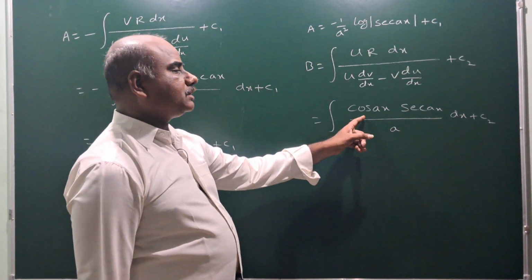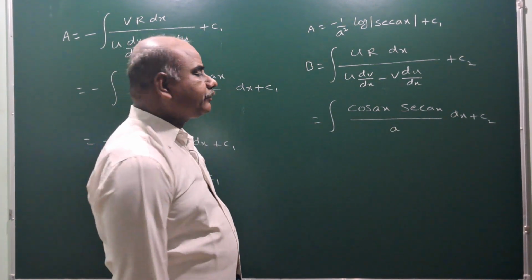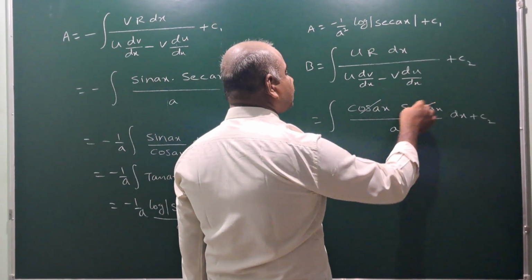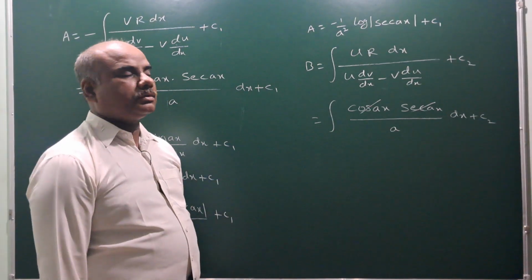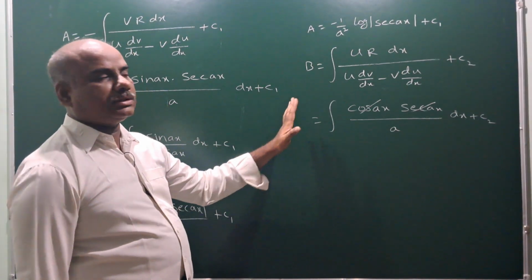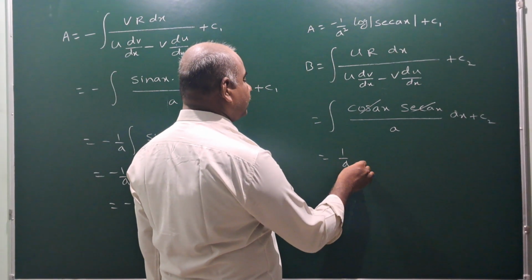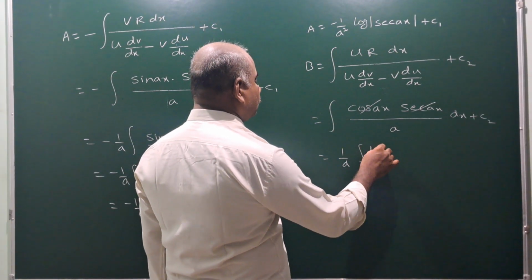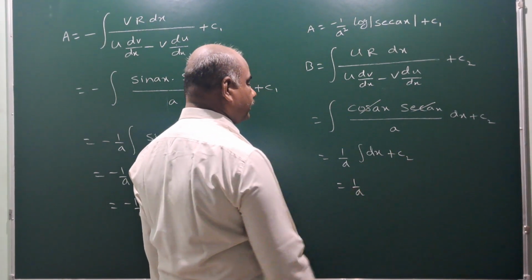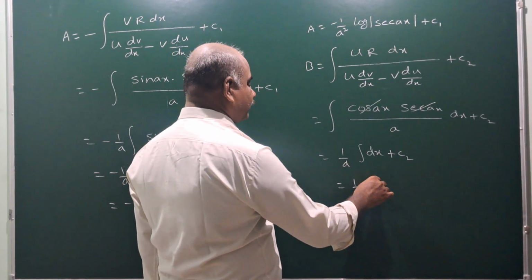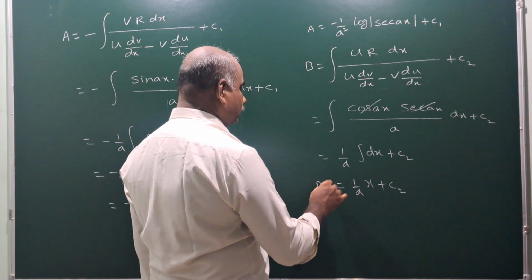Cos ax into sec ax: these two are reciprocals, so they cancel each other, and cos ax into sec ax is always 1. So take 1/a outside, which is independent of x, the integral of dx is x, so B = (1/a)(x + c2). So this is the value of B.